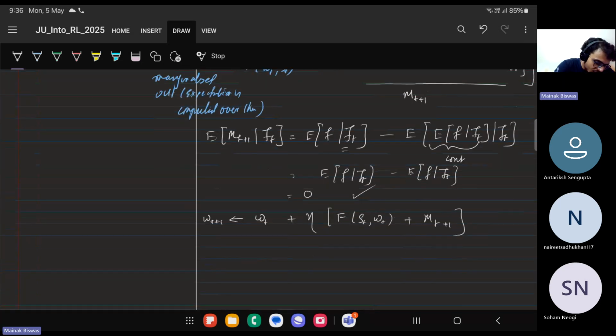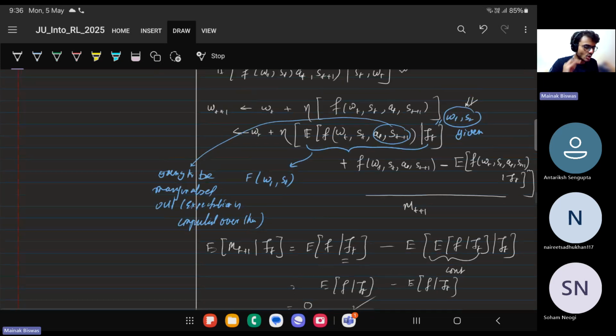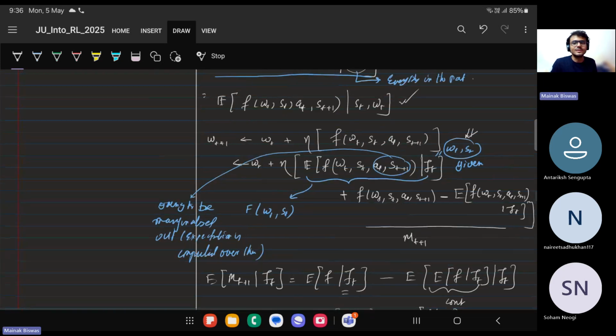The martingale is f of wt, st, at, st plus 1 minus f of st comma wt. Do you agree? Any questions? So all I wrote is I added and subtracted the expectation. I'm waiting for questions.